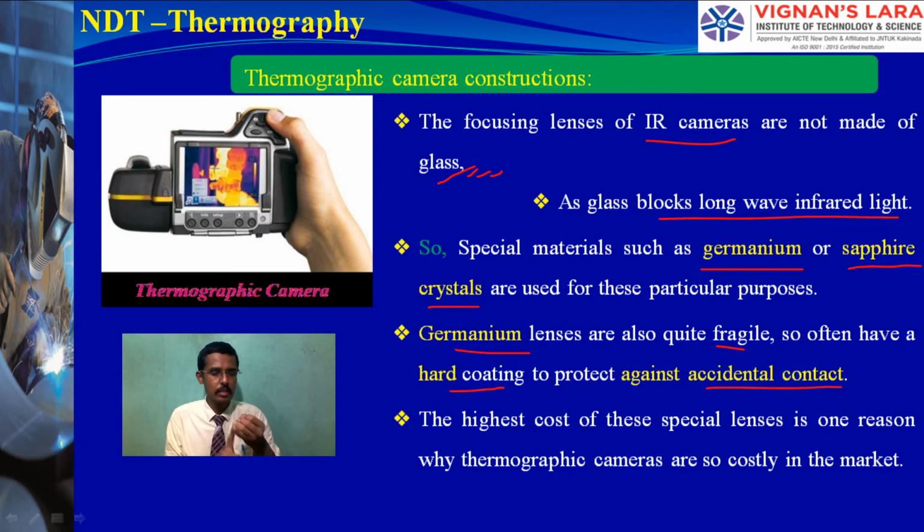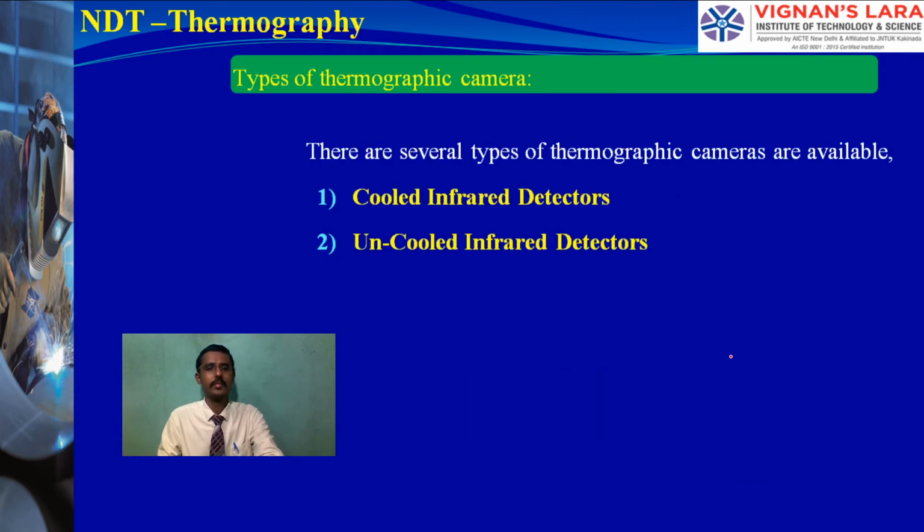Therefore, we are using germanium glasses and hard coatings, which make this camera costlier. So that's what I have written here: the high cost of these special lenses is one of the reasons why thermographic cameras are costly in the market.